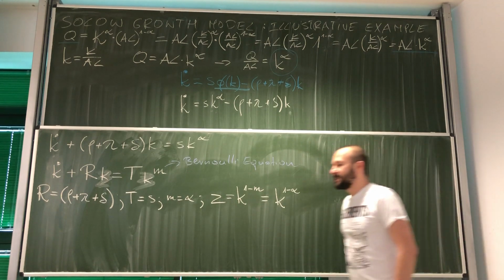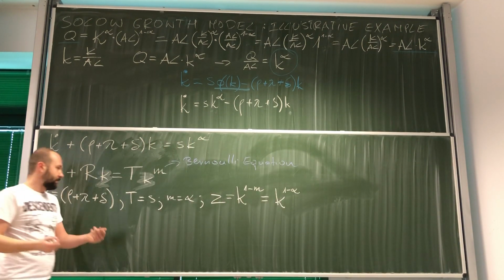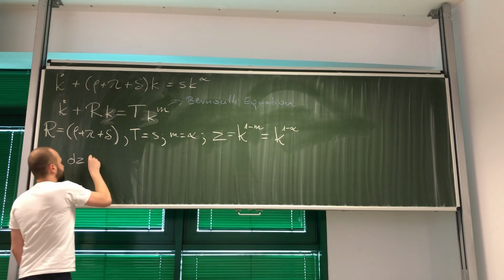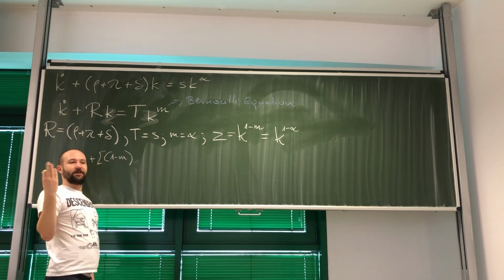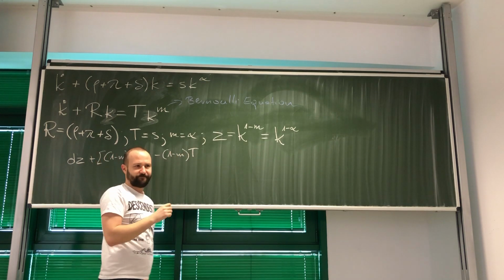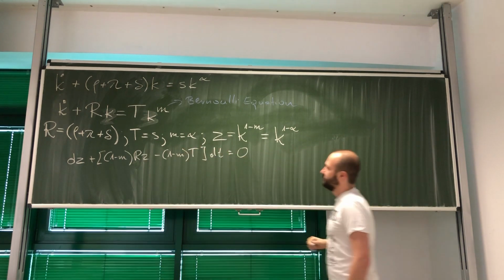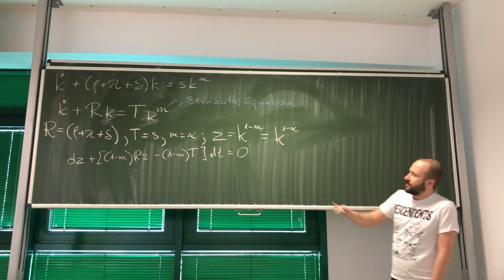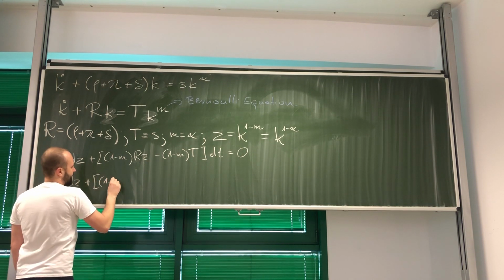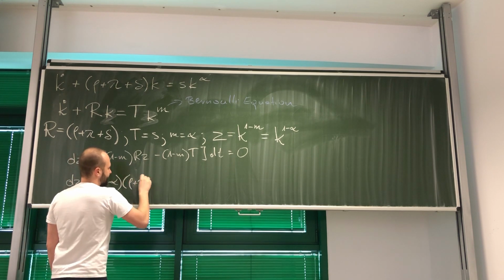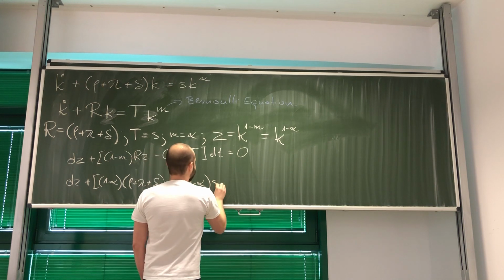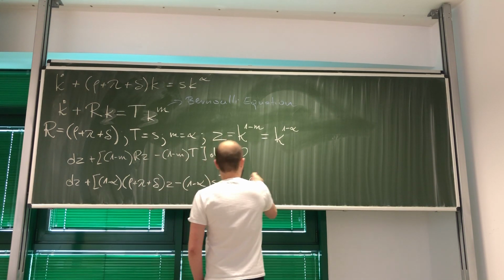The next step is simply to use the formula for linearization: dz/dt plus 1 minus m times r z minus 1 minus m times t equals 0. Let's substitute all that we've got: dz/dt plus 1 minus alpha times rho plus lambda plus delta z minus 1 minus alpha times s equals 0.